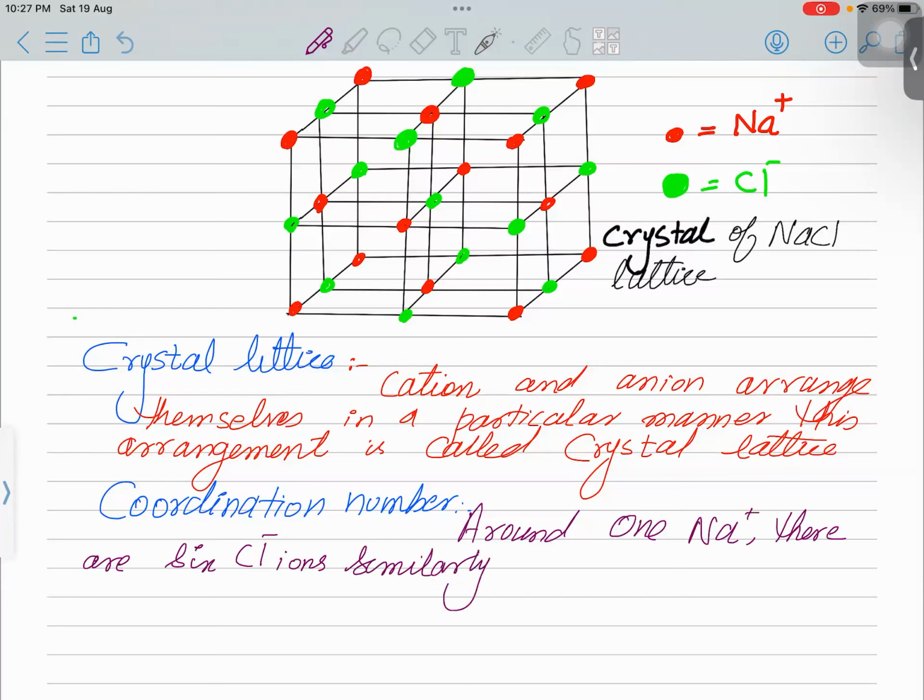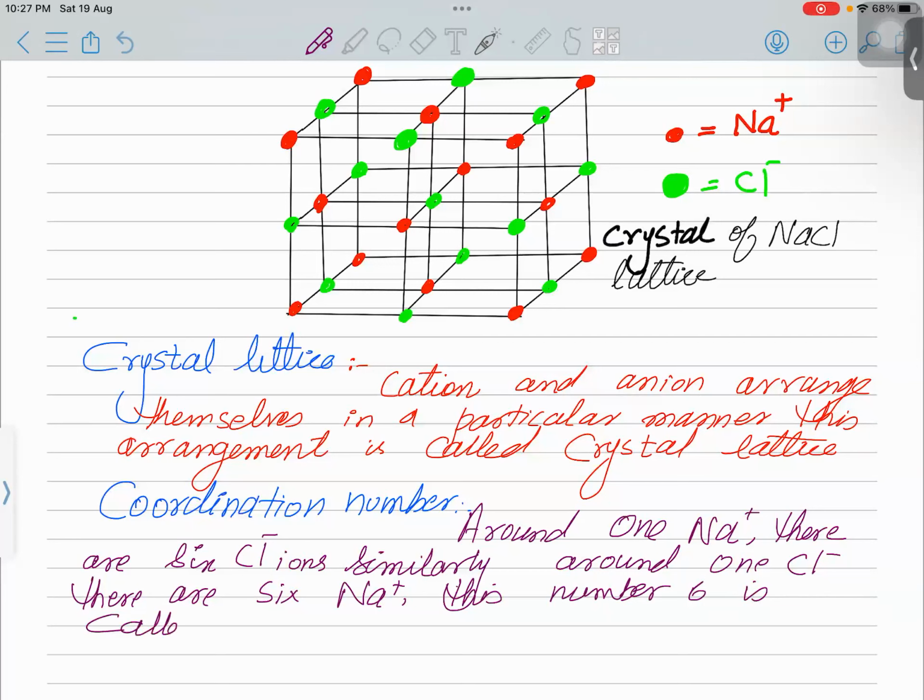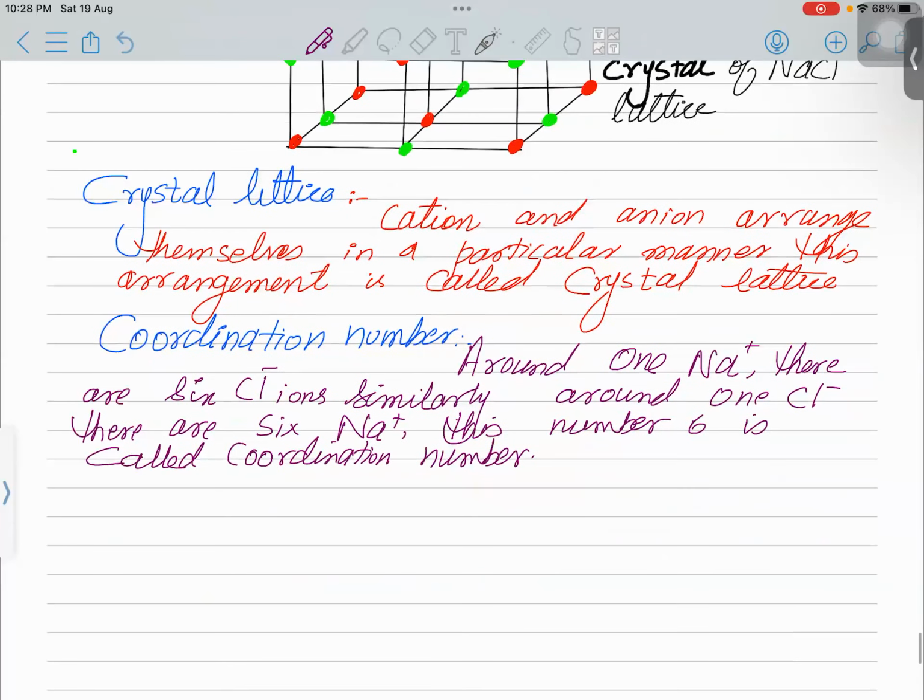Similarly, around one chlorine there are 6 Na positive ions. This number 6 is called coordination number.